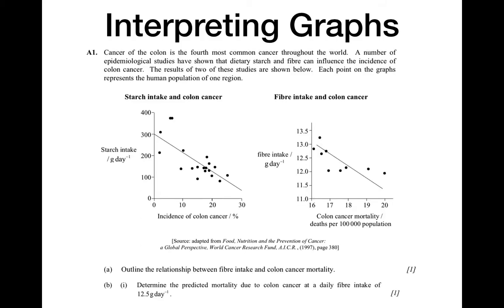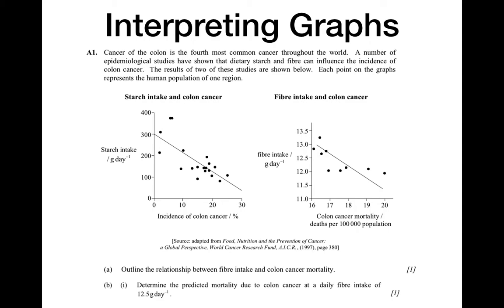Okay, here's another one. We've got 2 scatterplots here showing starch and fiber intake and colon cancer. So what's the relationship between fiber intake and colon cancer mortality? I'll be looking at this graph here. It's a negative correlation.